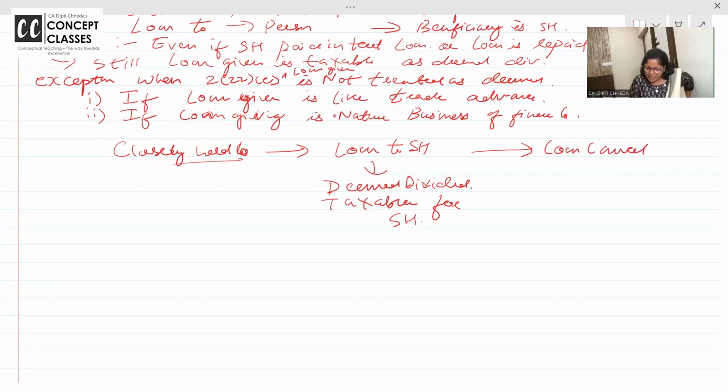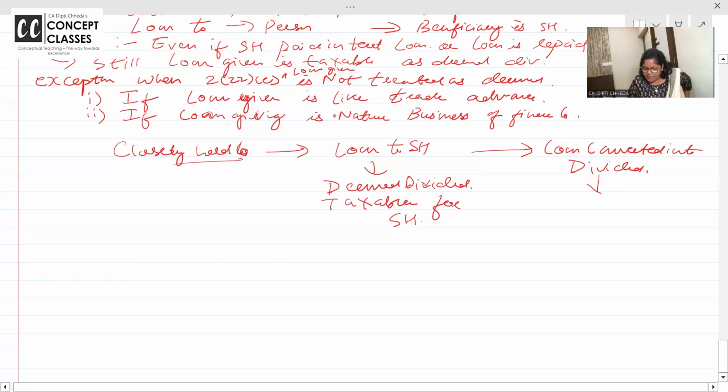Now, loan converted into dividend. Company saying to shareholder, we have given you 10,000 loan, to others we are giving dividend. ये लोन को डिविडेंड की तरह रख लो, वापस देने की जरूरत नहीं है. तो when the loan is converted into dividend, will it be taxable again in the hands of the shareholder?